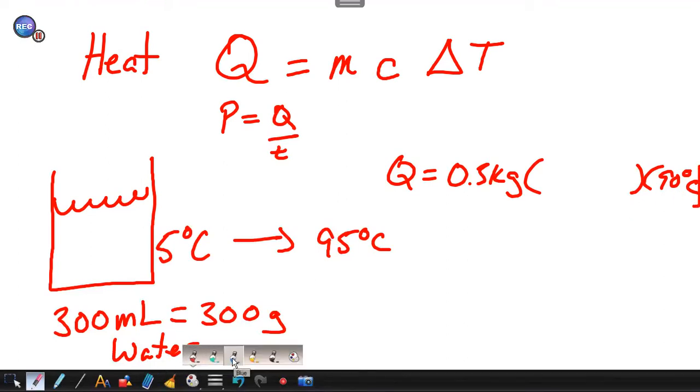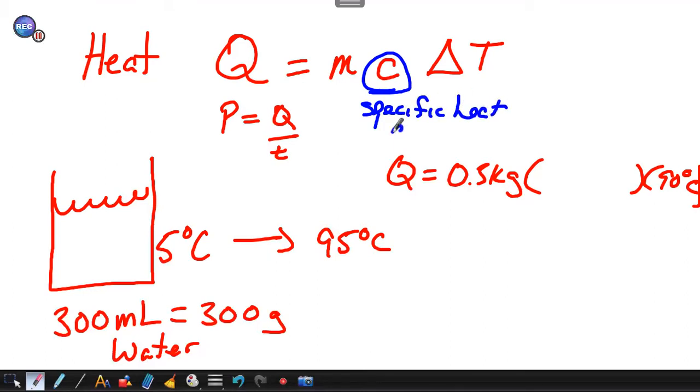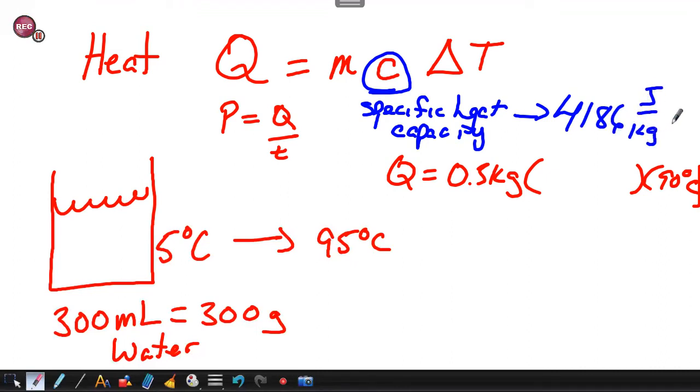And if we want to look up this, which is the specific heat capacity, then essentially, this is another thing that is empirically found and it's in a big table, and you can determine what it is. We're looking for water. This is going to be 4186 joules per kilogram degrees Celsius.